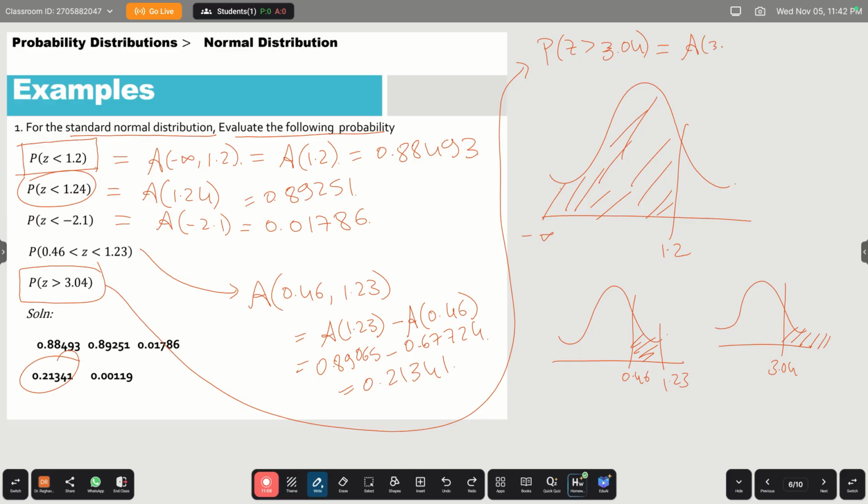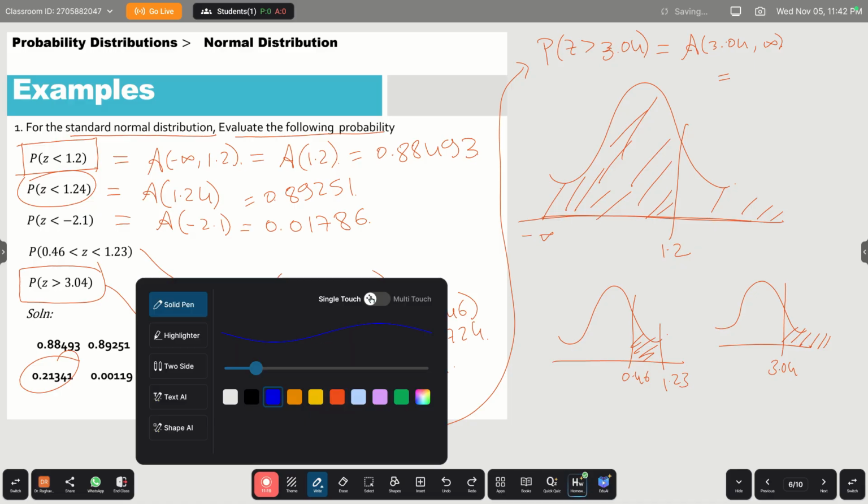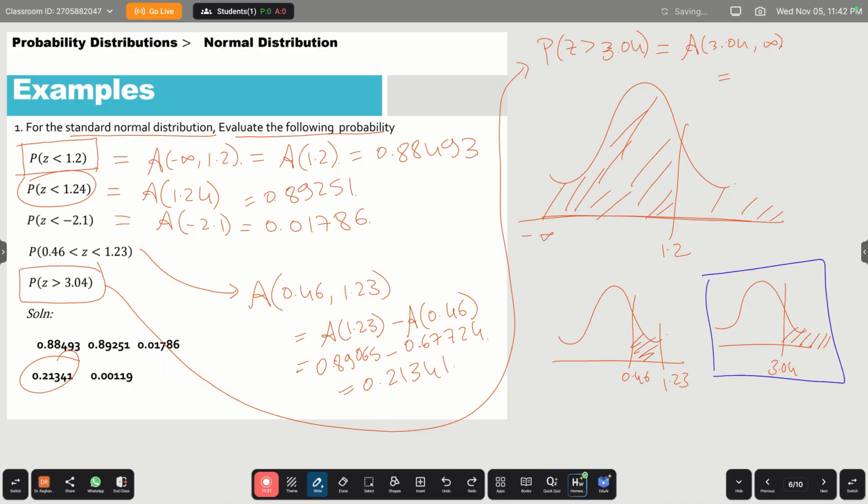It's very simple. We know that the total area is 1, and if we subtract the area up to 3.04, we will get the remaining. So this is going to be 1 minus the area up to 3.04.